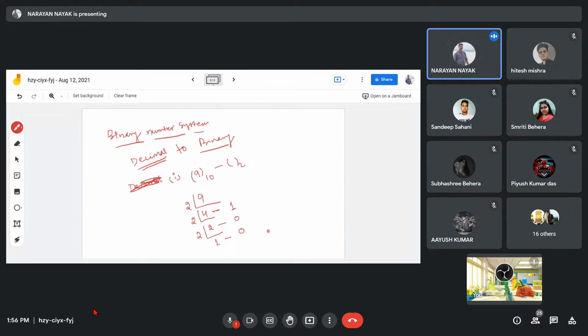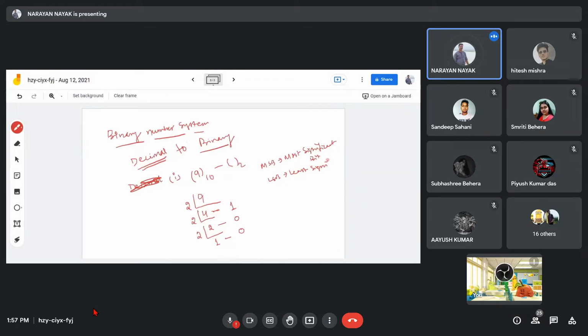Clear? So now see, here you have the MSB and LSB. What is MSB? MSB is the most significant bit. And LSB is the least significant bit.